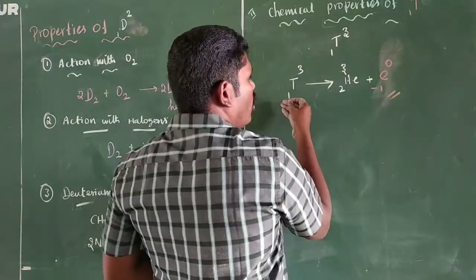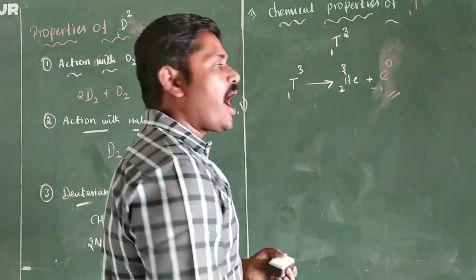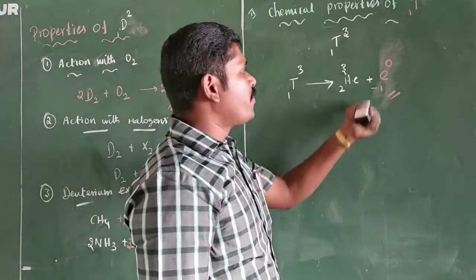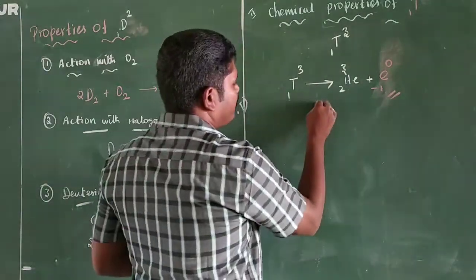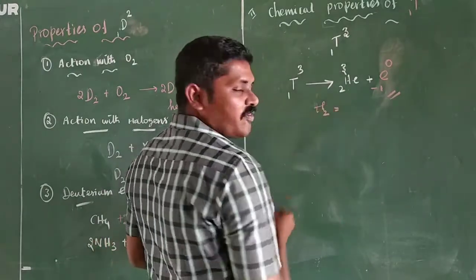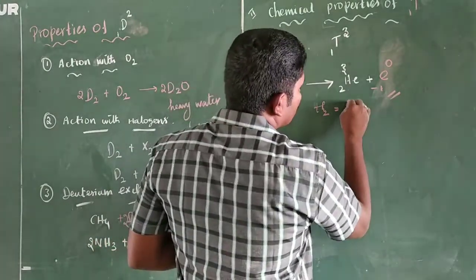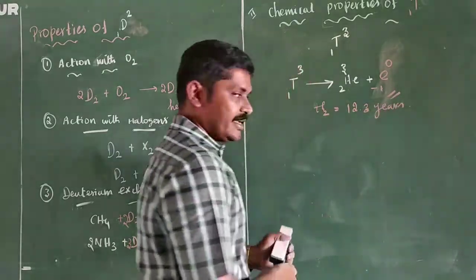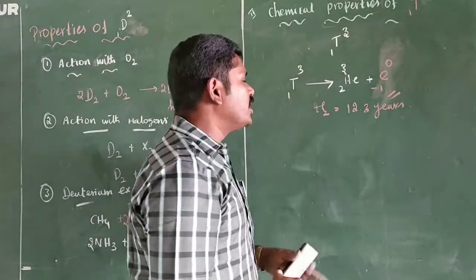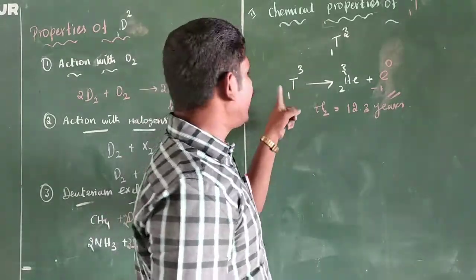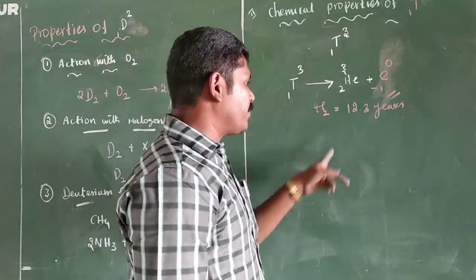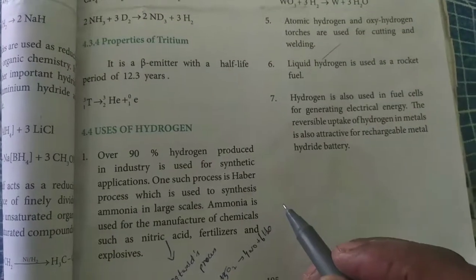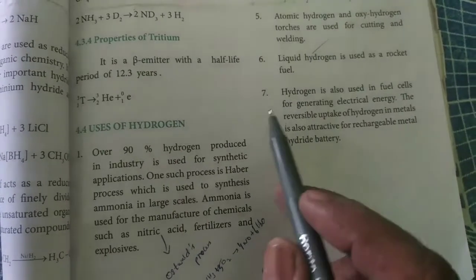This is the auto-dissociation reaction. Tritium automatically emits helium and beta particles with a half-life of 12.3 years. The half of the tritium decomposition time is 12.3 years.